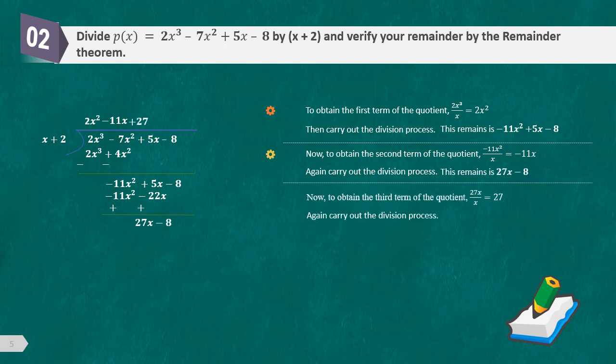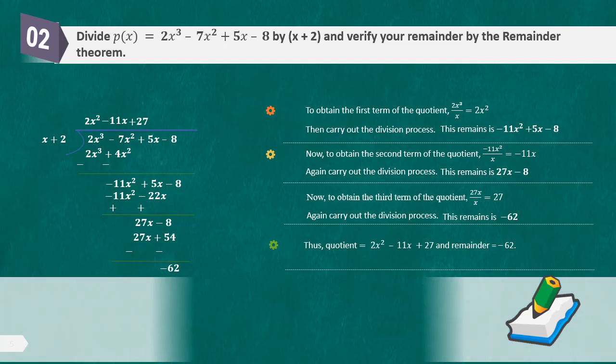Again carry out the division process. 27 into x plus 27 into 2, that is 54. Change the sign, they are cancelled out. Minus 8 minus 54 we get minus 62. Here we have found the remainder by the long division process.